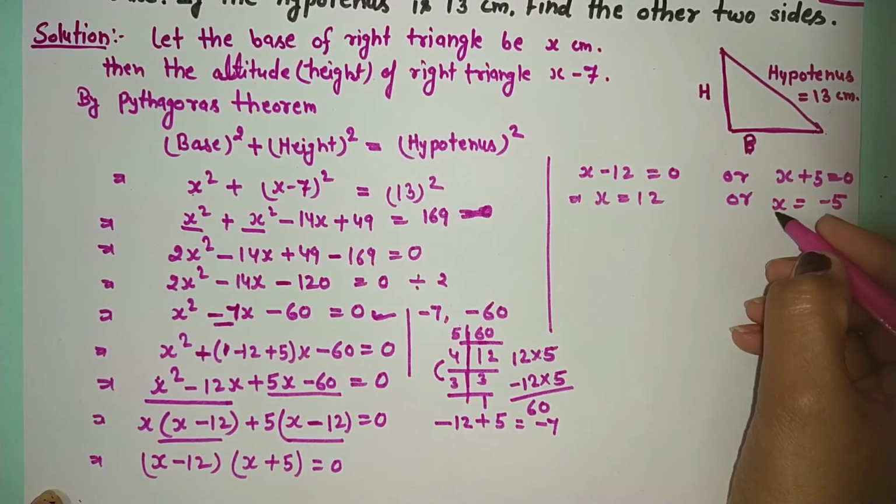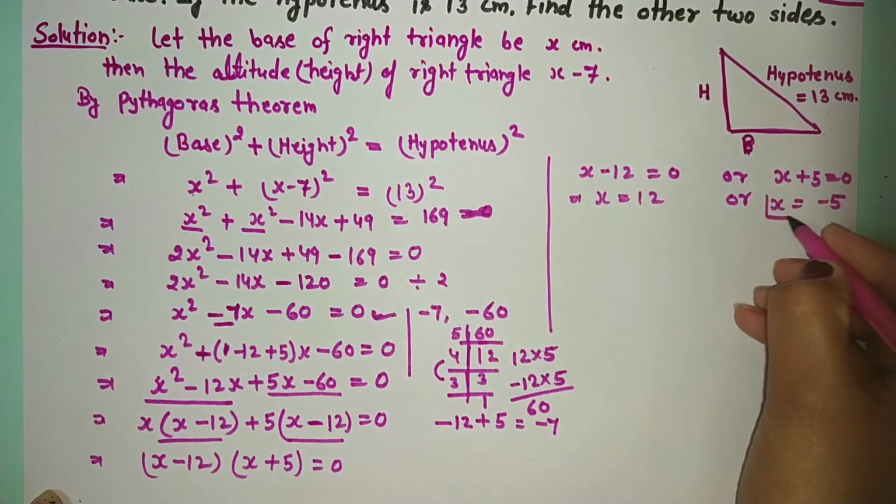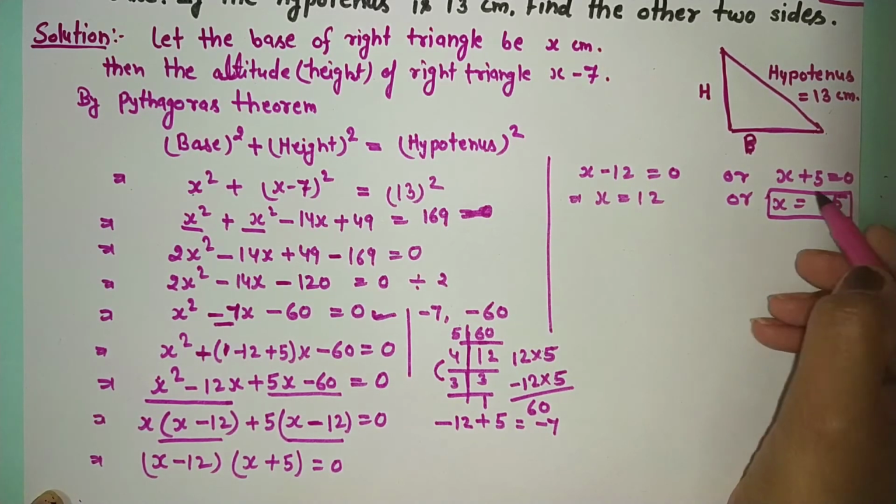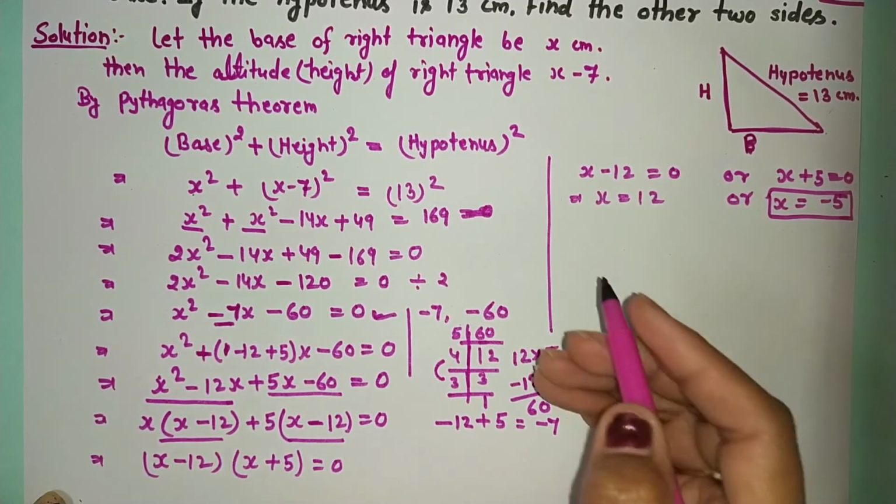And we know that x equal to minus 5 is not possible, because the length will not be negative.